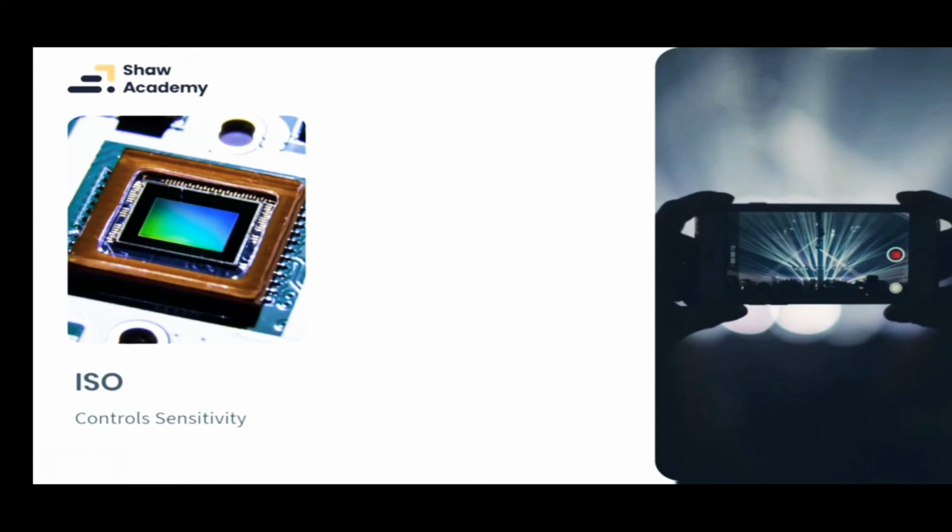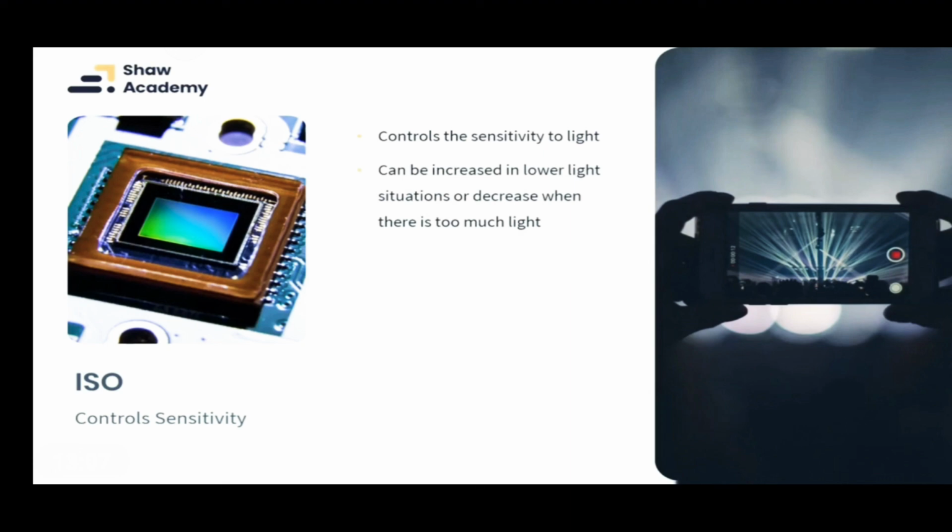We can make the sensor more sensitive to light, meaning that less light is needed to create the photograph. So in a situation like this, where you're at a concert, there's a lot of light in this image, but it is generally very, very dark, the ISO will increase so that it can get the correct exposure. So it controls the sensitivity to light.